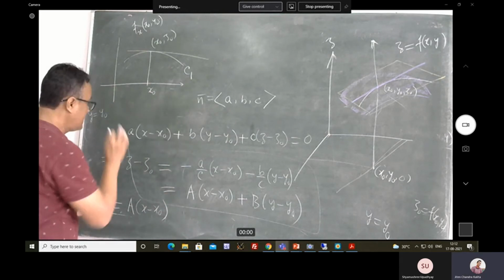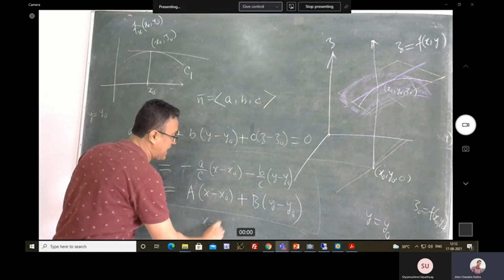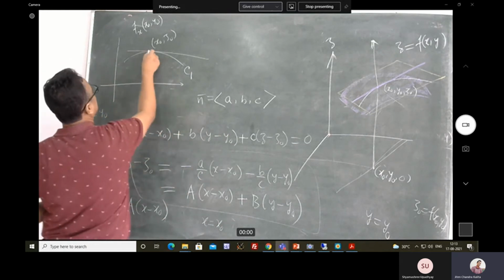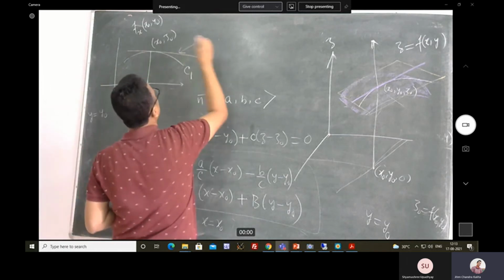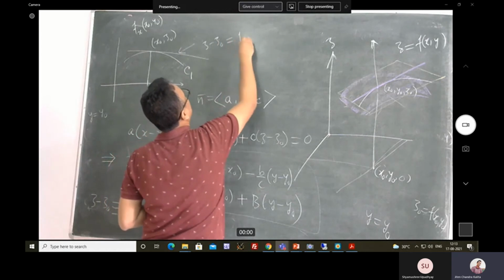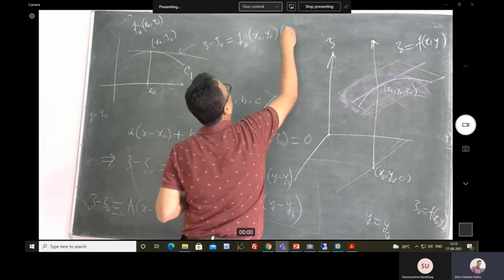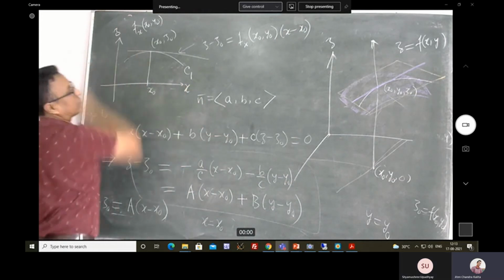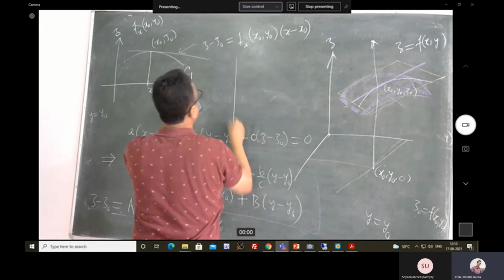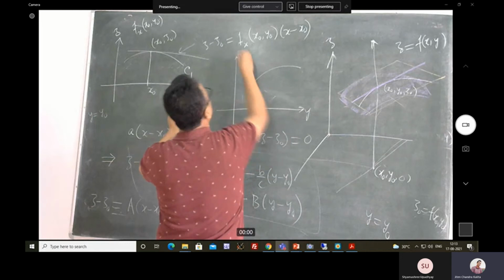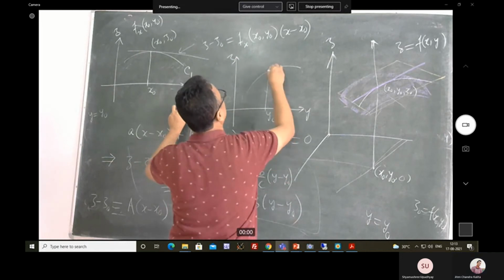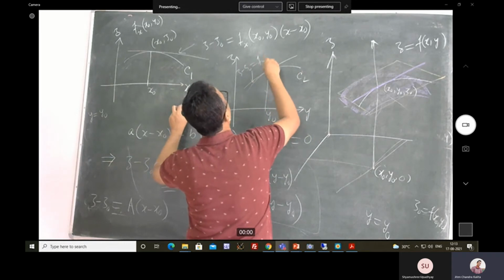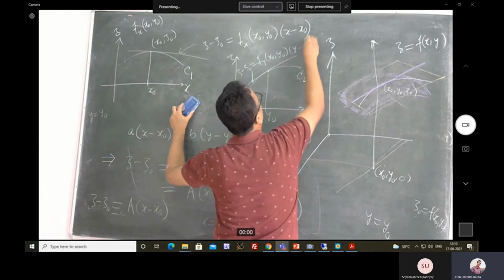Similarly, if I consider the plane x equal to x naught, the equation of this line is going to be z minus z naught equal to f y times y minus y naught, on the yz plane.